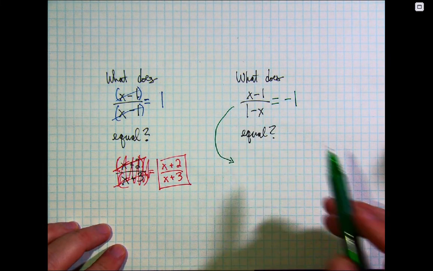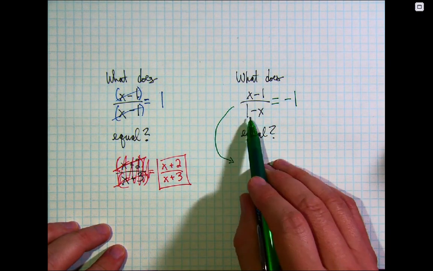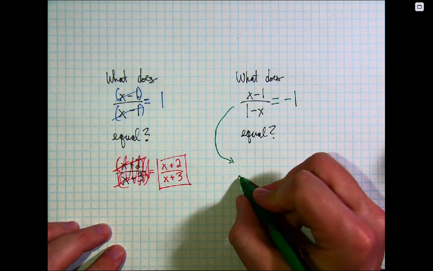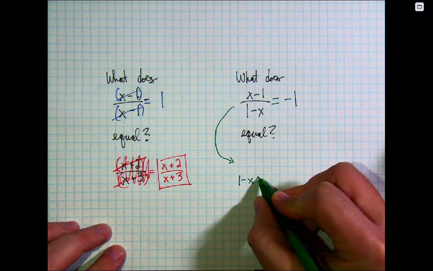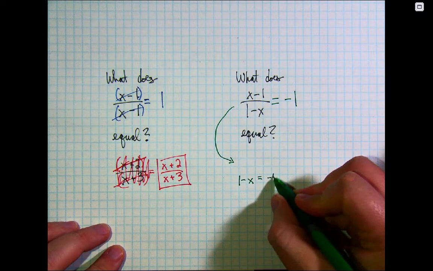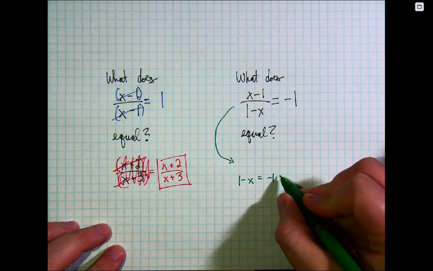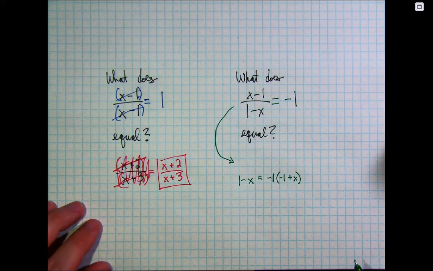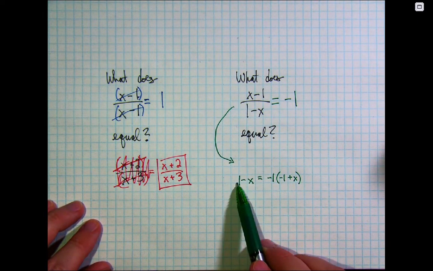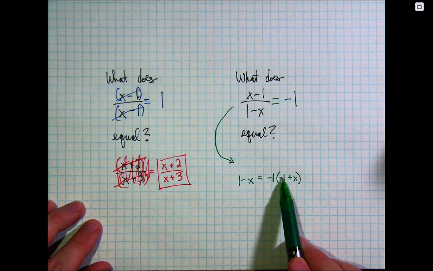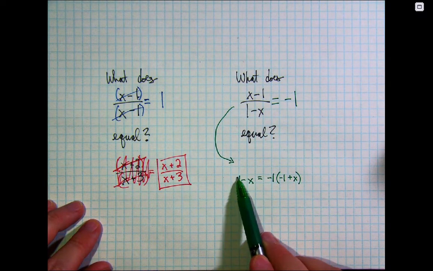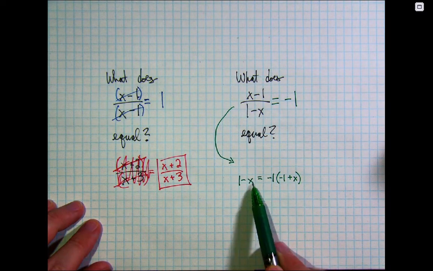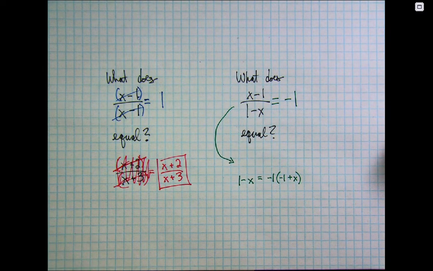What I want you to see is specifically that 1 minus x equals -1 times negative. Take a second and soak that in. 1 minus x equals -1 times -1, -1 times x. Are we okay with that?